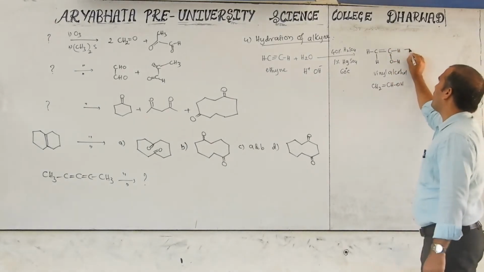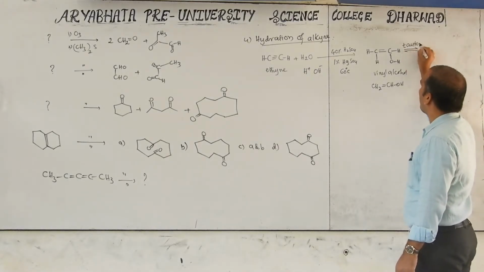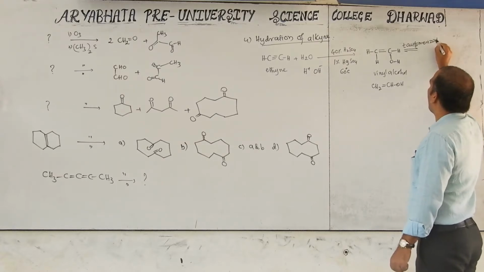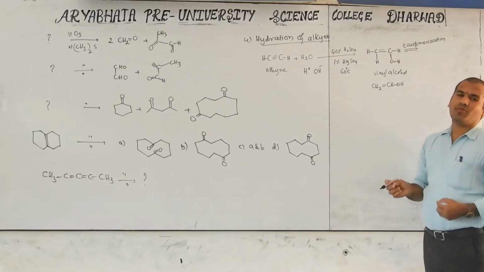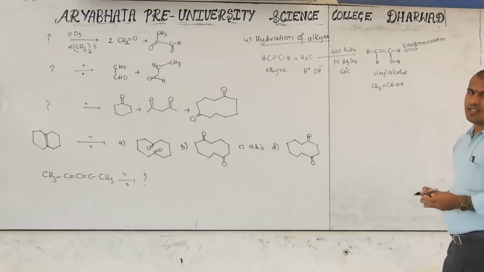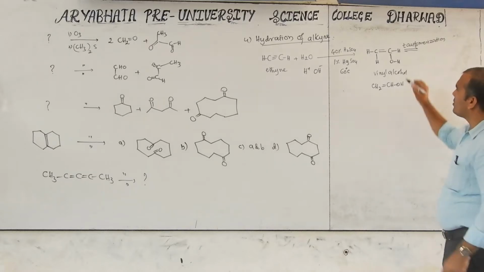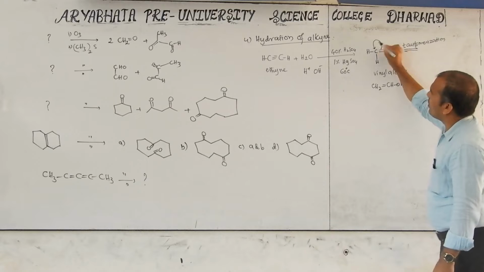Generally vinyl alcohol undergoes tautomerization. Already in this chapter I told you these are required in the textbook. Not the word itself, but I explained the reason, and these equations are involved. This is shifted here, this is shifted here.